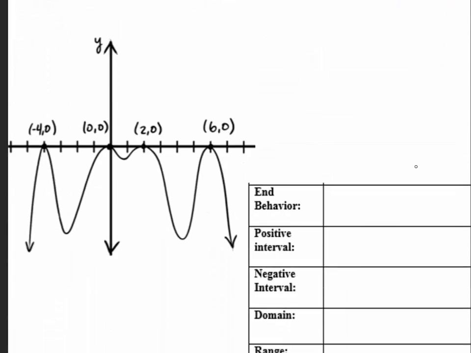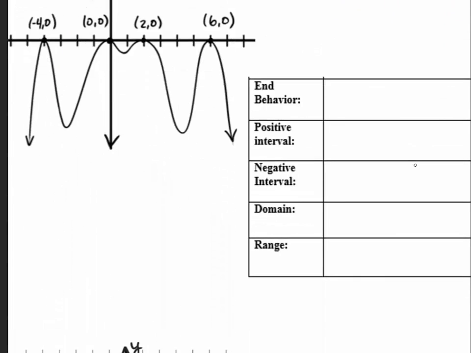I'm going to try to keep this speedy since it's a video. Okay, moving on to that third graph here. End behavior. The left and the right hand side. So on the left hand side, over here, appears we're going down. So we're falling.